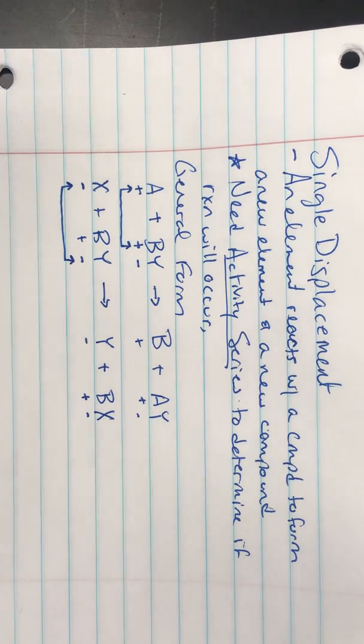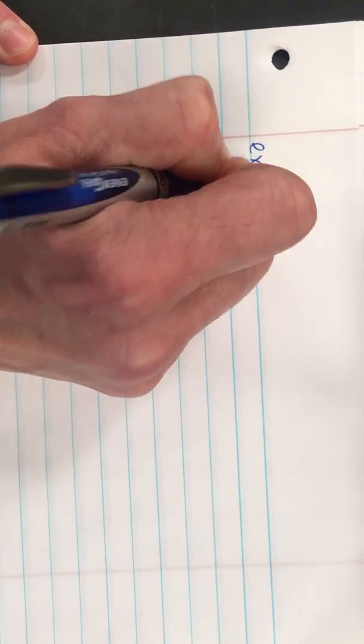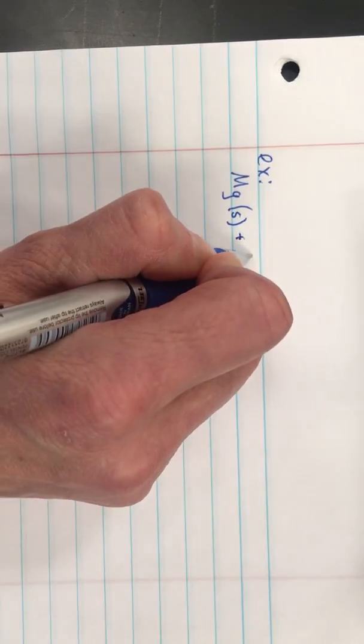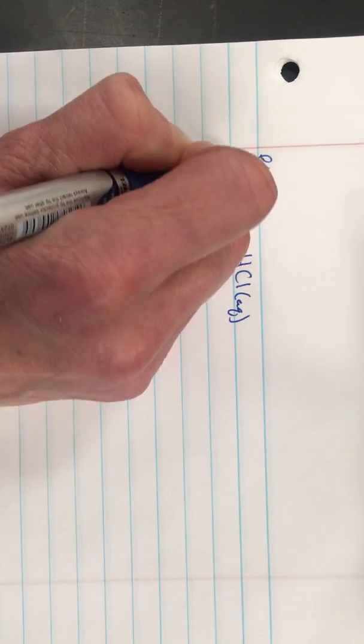Okay? All right. So let's now get into some real examples of this. Let's just say, for example, and make sure you're getting all of these notes in your flip book, let's get some magnesium, and you've seen this before, it's a solid, and let's react that with some hydrochloric acid, which is aqueous.